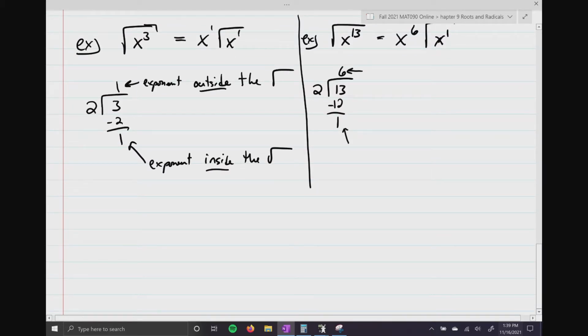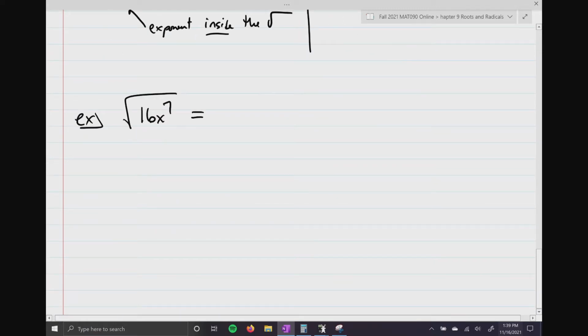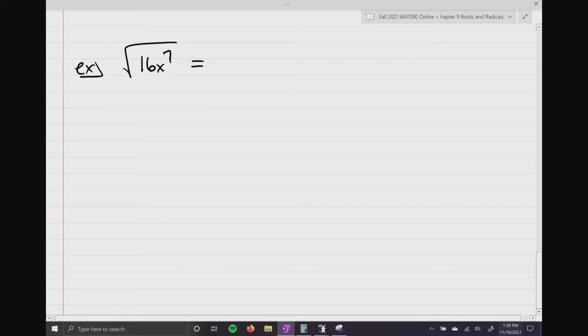And now we can bridge both ideas together. We can use numbers and letters together. All right, so the square root of 16 times x to the 7th. Well, the square root of 16 we know is 4. Now I got to worry about that x to the 7th. Remember, the index is a 2. 2 goes into 7 3 times with a remainder of 1.